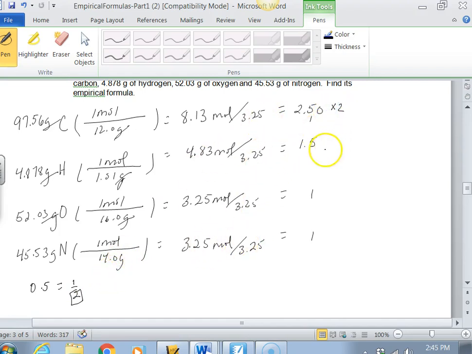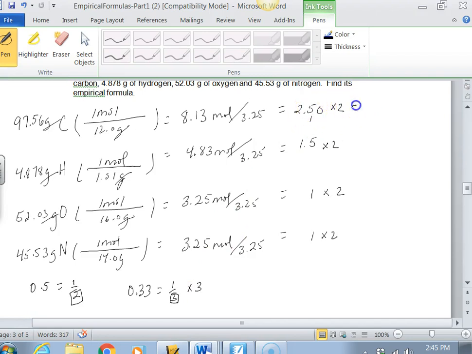Now, if we had something like 0.3, that equals 1/3. Take the denominator, multiply everything by that. 1/4, 0.25, 1/5, 0.2, and so on. So you just find what fraction it is, multiply by the denominator.